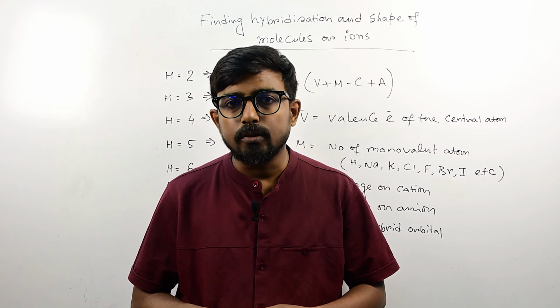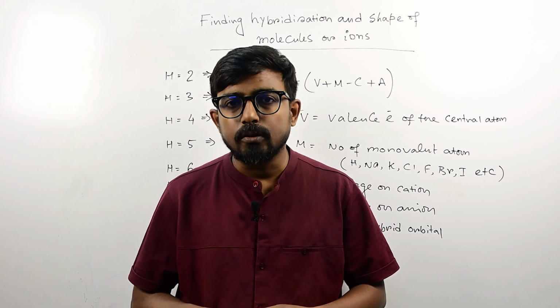NH3 has 1 lone pair and 3 bond pairs, so we take only this part. So this is a pyramid. It's a pyramidal shape, and the water molecule is V-shaped. For the methane molecule it was a tetrahedral shaped molecule.